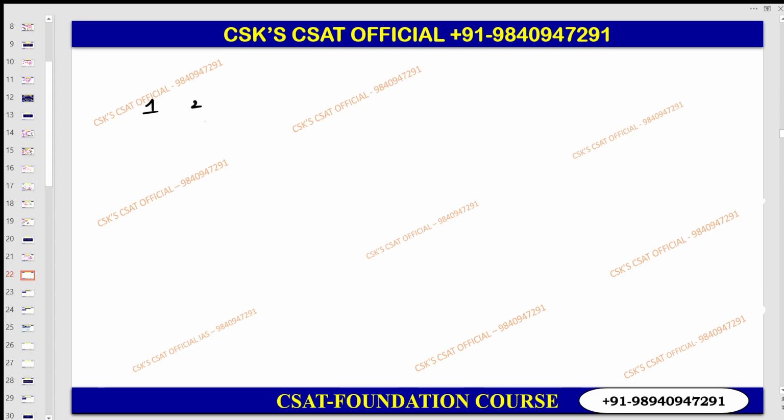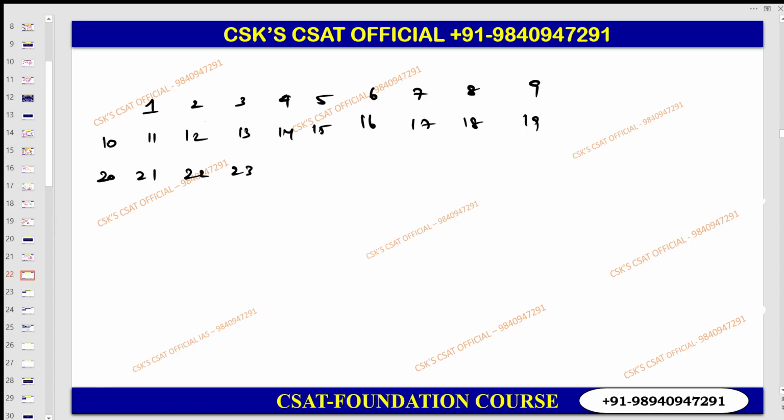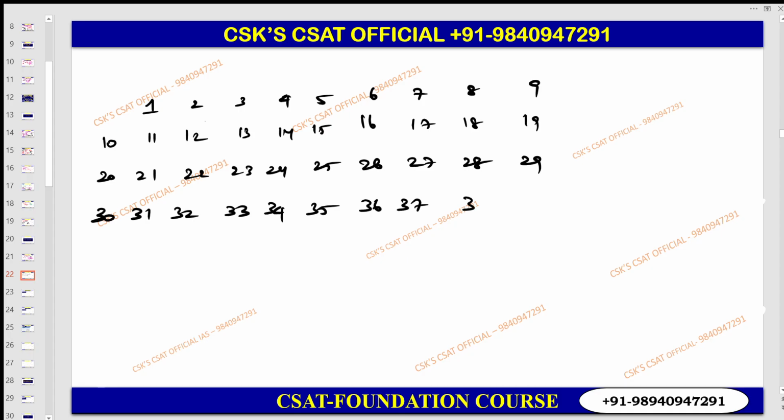Listen. 1, 2, 3, 4, 5, 6, 7, 8, 9, 10. Okay, I don't want this here. I'll place here 10, 11, 12, 13, 14, 15, 16, 17, 18, 19, 20, 21, 22, 23, 24, 25, 26, 27, 28, 29, 30, 31, 32, 33, 34, 35, 36, 37, 38, 39.